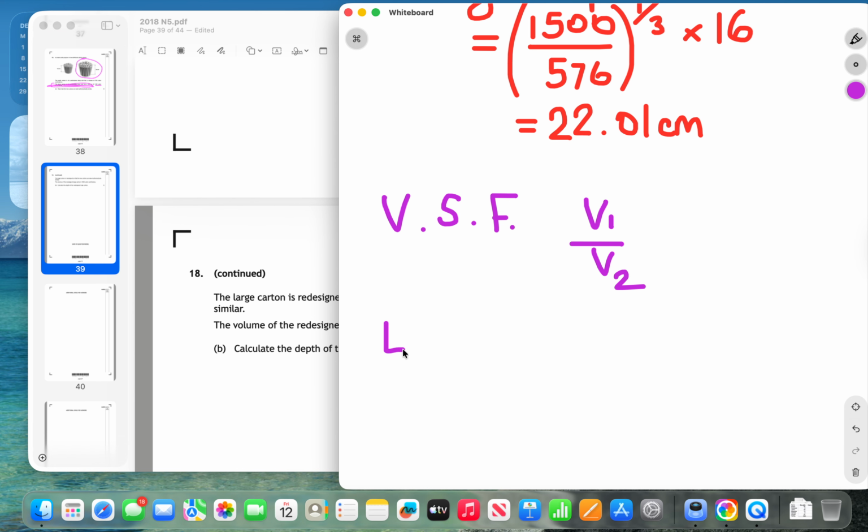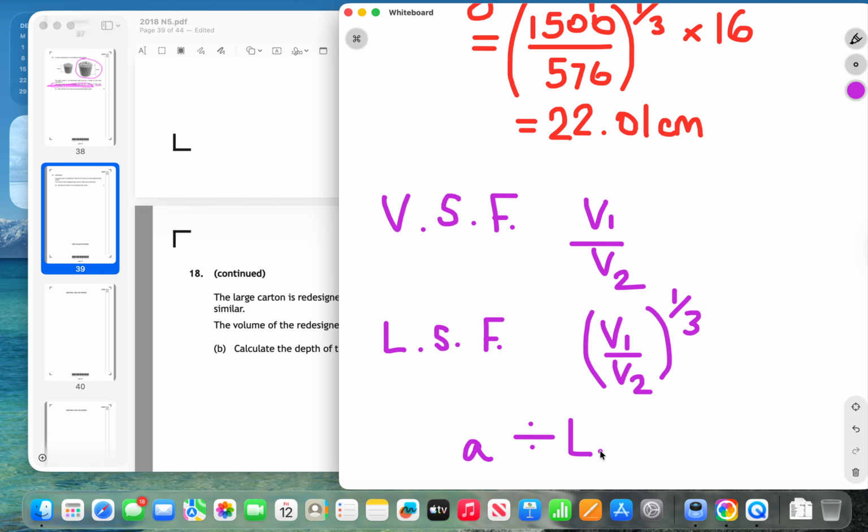And to get the linear scale factor, you're going to take the cube root of all of this. And you're going to do the small depth divided by this linear scale factor. And if you do that, you get the same answer.